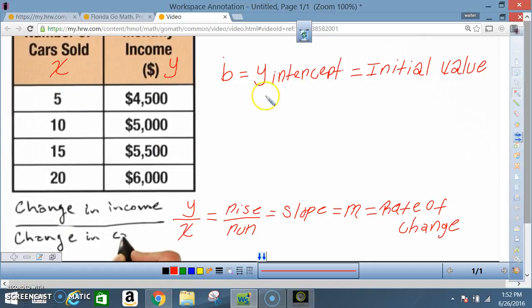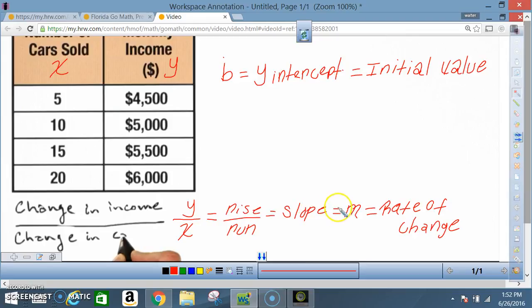Okay, before we continue, quick refresher. Change in income, that's your y value. Change in cars sold, that's your x value. So notice how this is y over x. Y over x means rise over run. Rise over run, that is your slope.